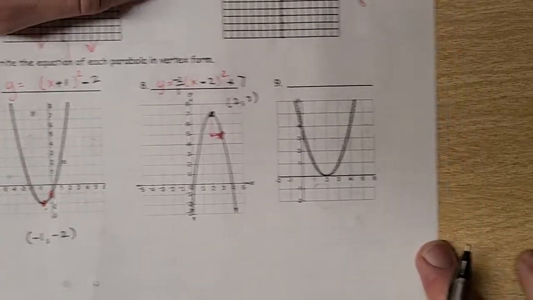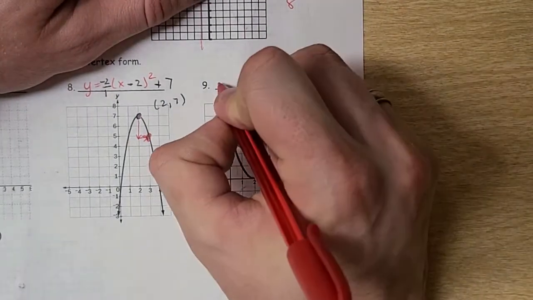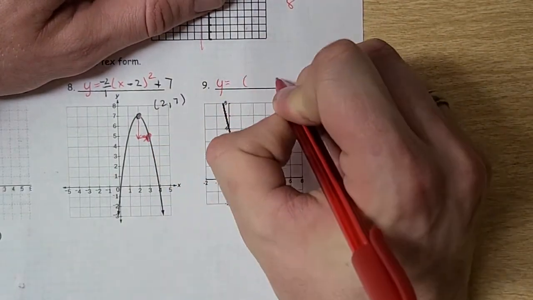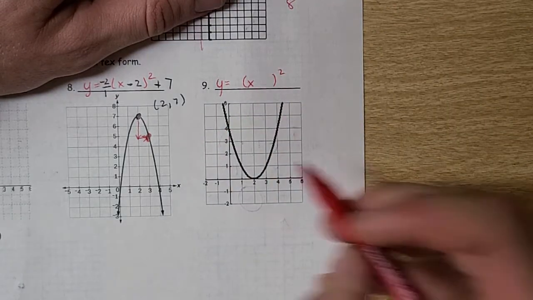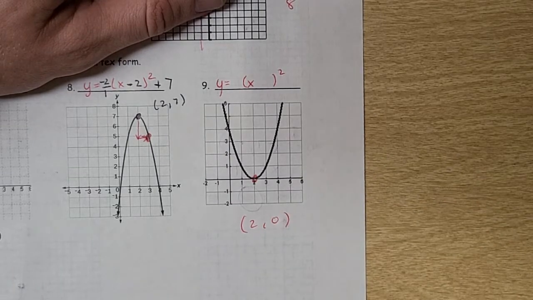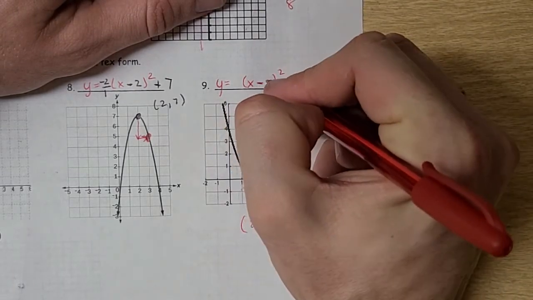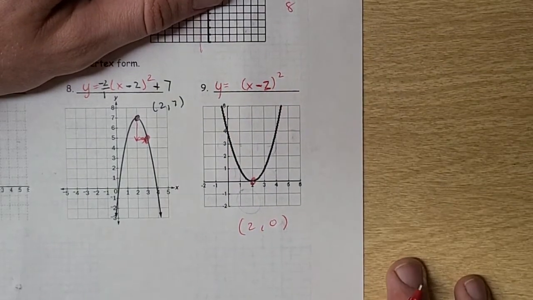And that's it. Number 9, last one. y equals, okay, so it looks like my vertex is at 2 comma 0. So opposite of the x value goes on the inside, right?